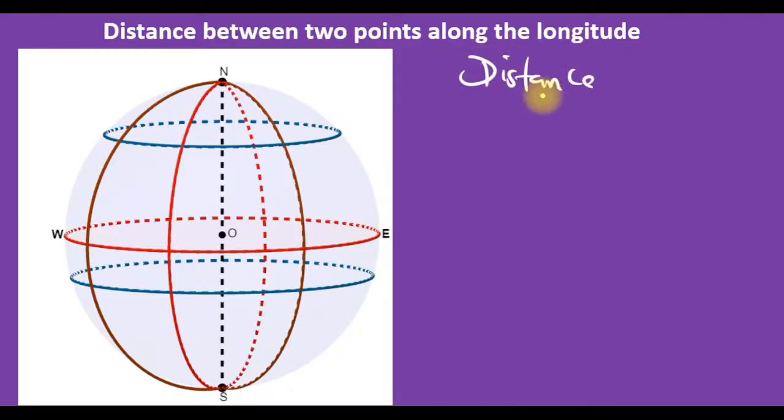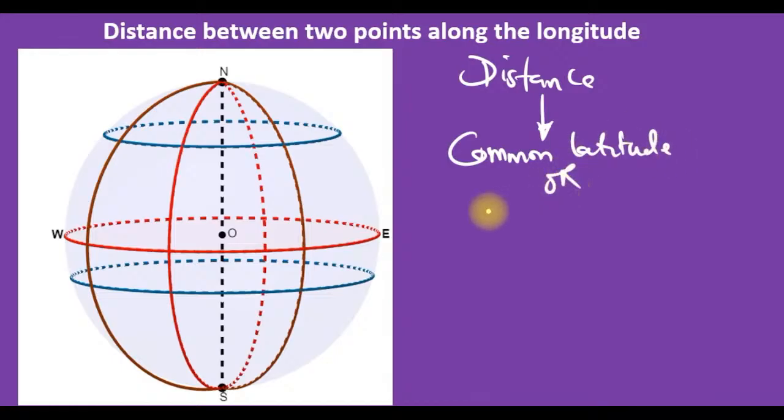If it's the distance along the latitude, they must have a common latitude. Since we're on longitude, they must have a common longitude and different latitudes.